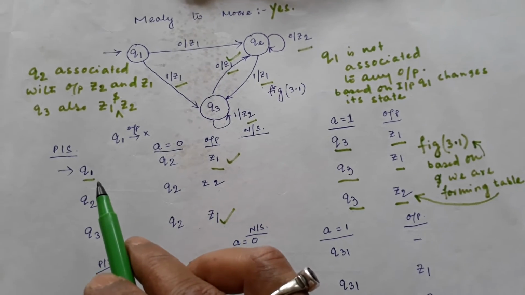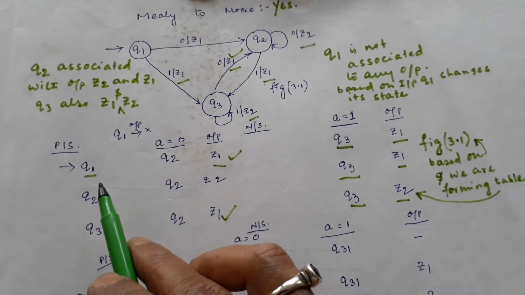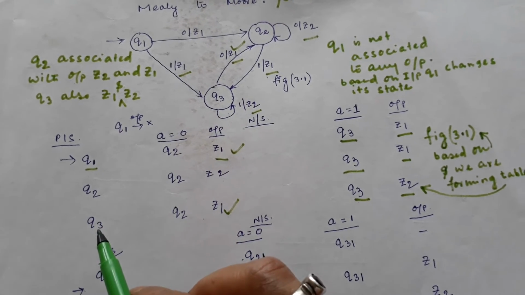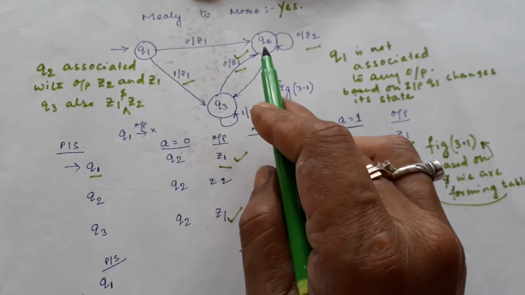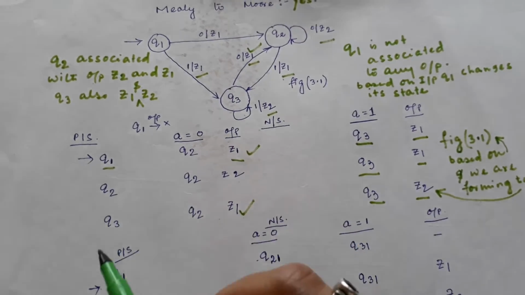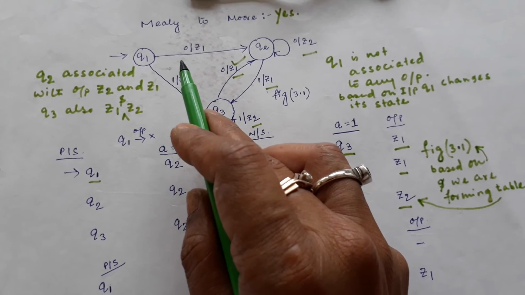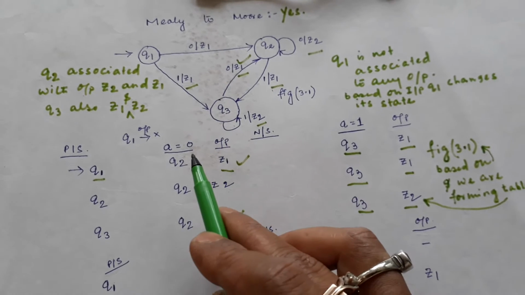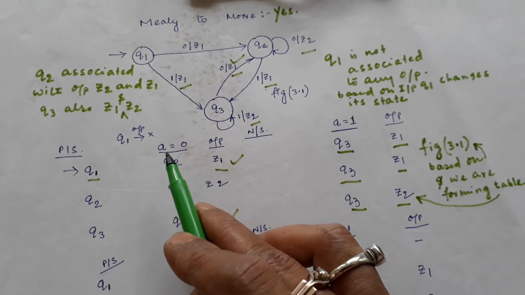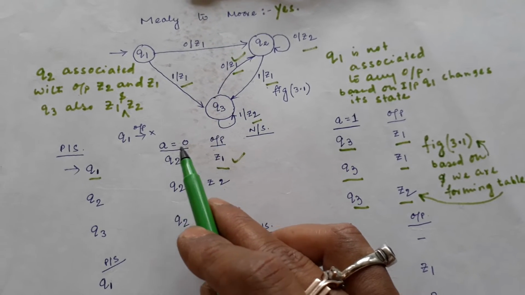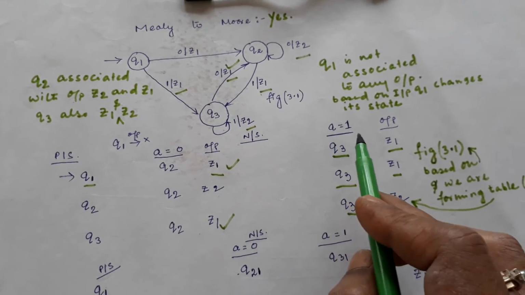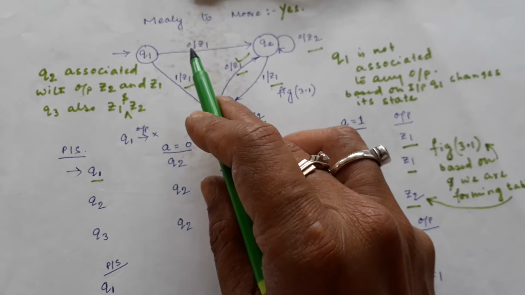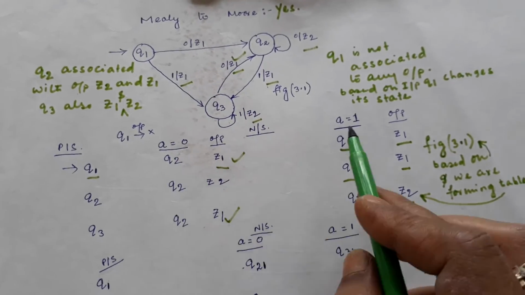Now for the table, we first write down all the states given here: q1, q2, q3. The input lies between 0 and 1, so we write down all the inputs. In this case we assume the inputs a equals 0 and a equals 1.